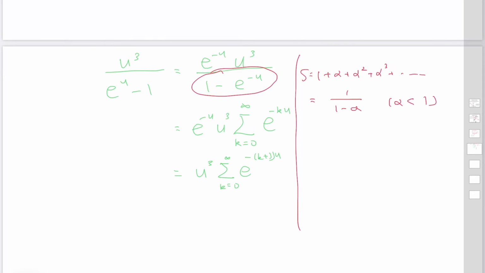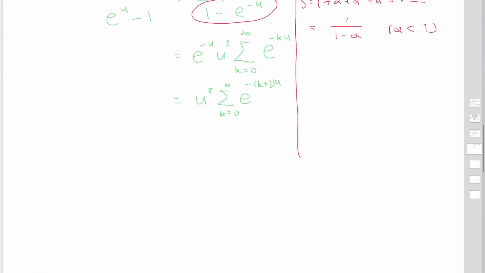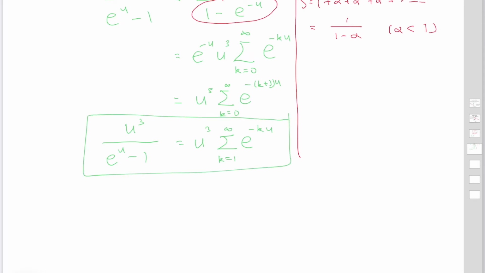If you change k equals 0 to k equals 1, it becomes u cubed, sigma k starting from 1 to infinity, exponential minus ku. So we have an expression: u cubed over exponential u minus 1 can be expressed by this equation.